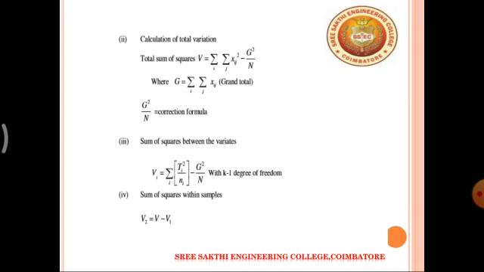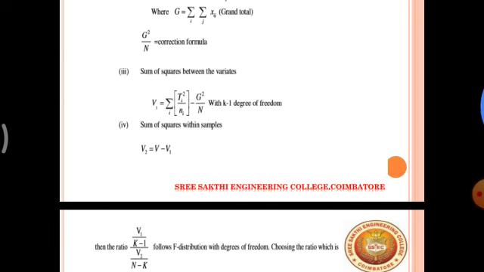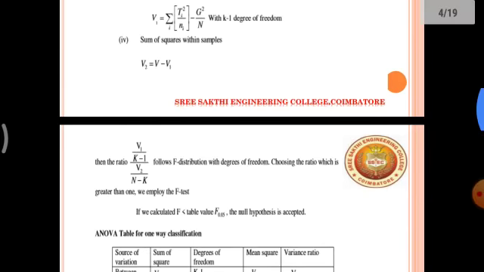Correction factor, that is CF, equals G square by n. And third, sum of squares between the varieties V1 equals summation i ti square by ni minus G square by n. Sum of squares within samples V2 equals V minus V1.